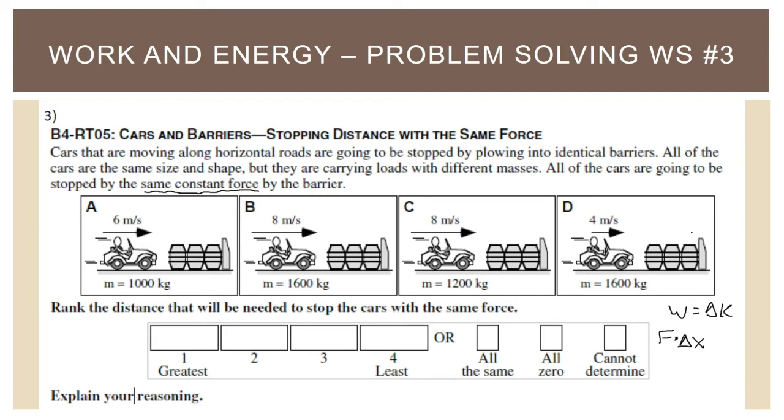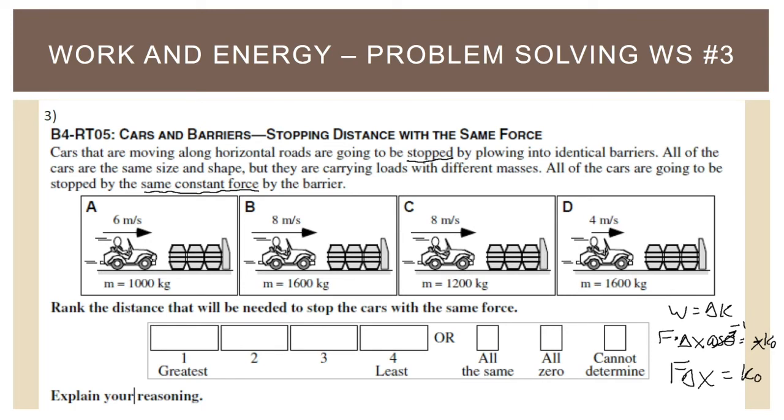And so we don't really care too much about it. If you really want to include it, we can say cosine theta, and this is going to be -1. But since the final kinetic energy of all of these, because they're going to be stopped, is 0, essentially what we're going to have left over on the right-hand side is negative k naught. And that means this -1 is going to cancel that -1 over there, which at the end of the day is just going to leave us with F delta x equals k naught.